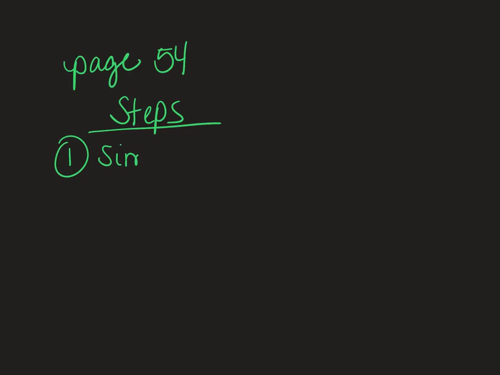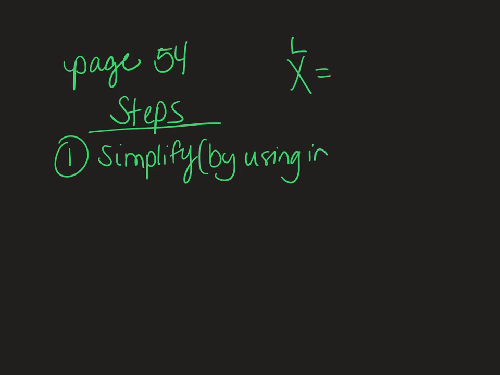What they mean by that is you're going to use your inverse operation and remove as much as you can to the other side, leaving your variable on the left. The variable needs to stay on the left side of the equal sign, so you want to isolate your variable.